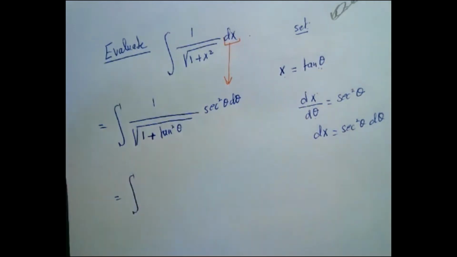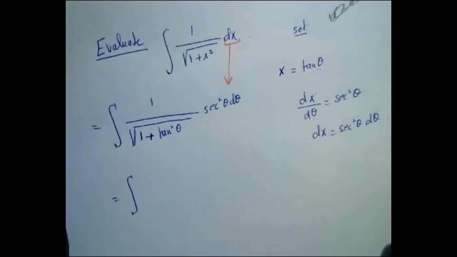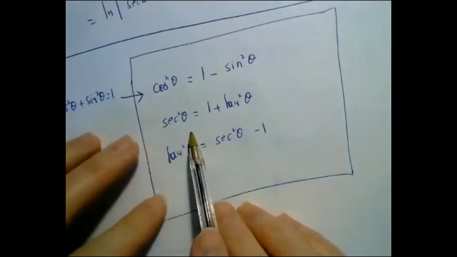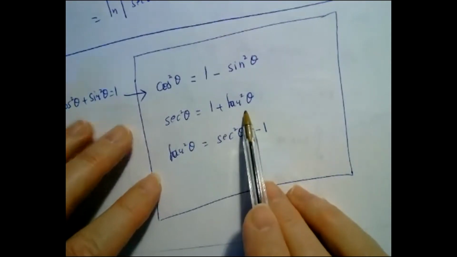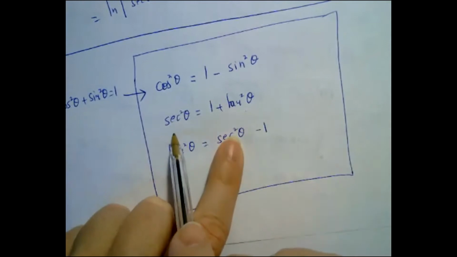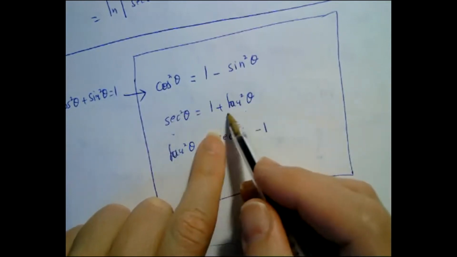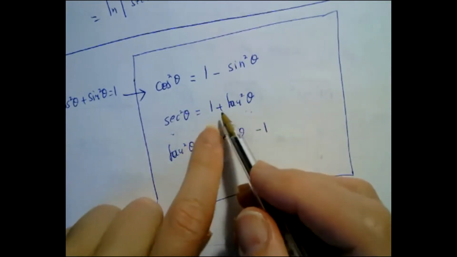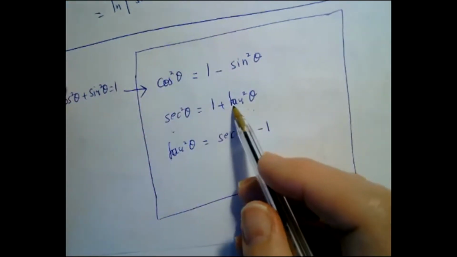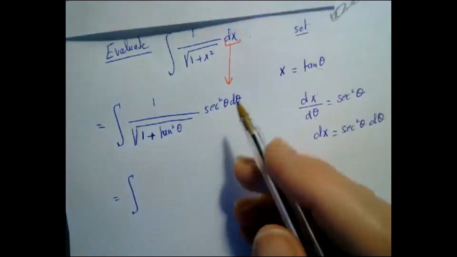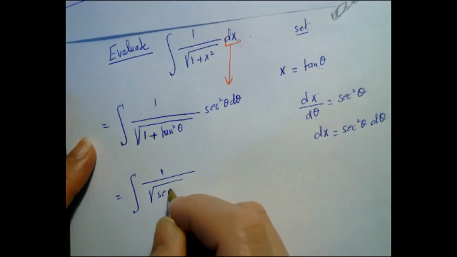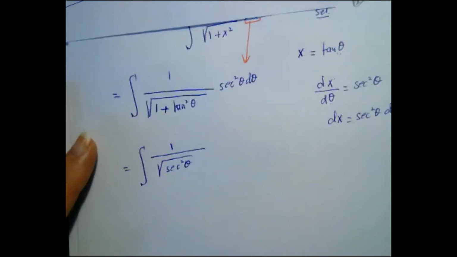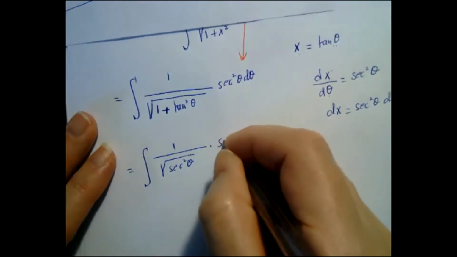And now we will see the benefit of the substitution. 1 plus tangent squared is secant squared. So by plugging in tangent theta for x, this became secant squared theta times secant squared theta d theta.